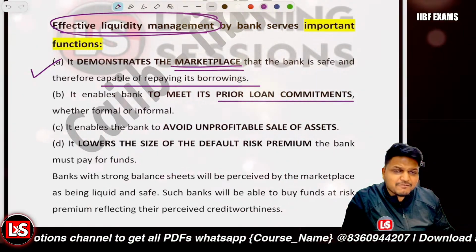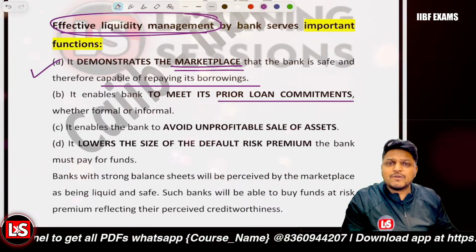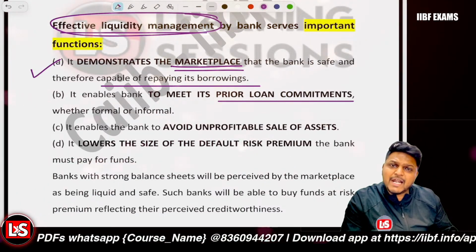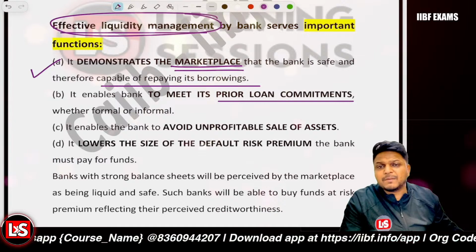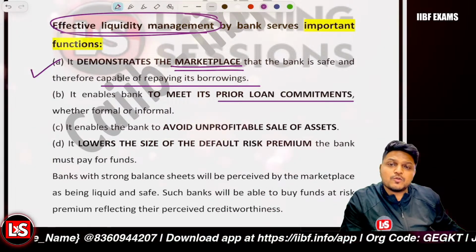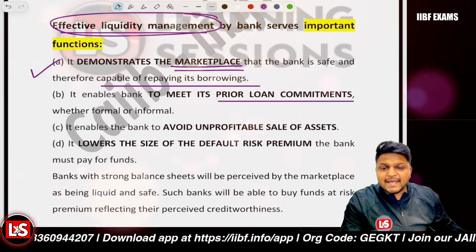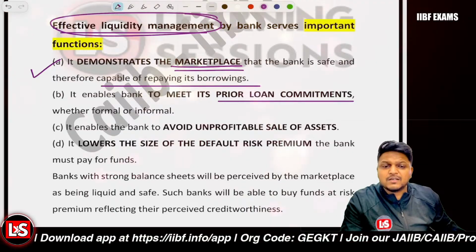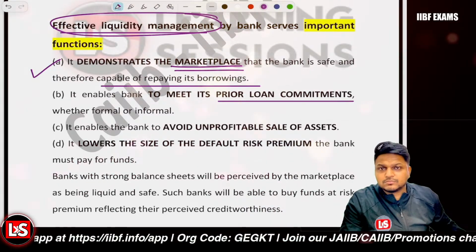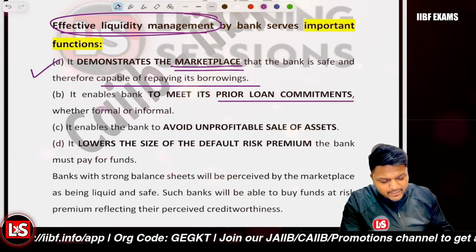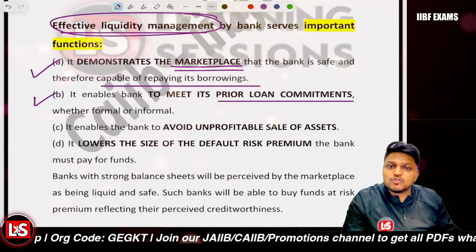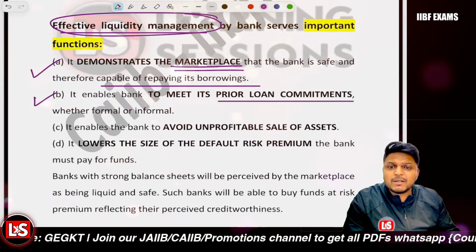It may be the case that you have sanctioned CC limits of 1000 crores. The availed amount is 400 crores. Now people can avail another 600 crores from you at any time. So that's the loan commitment we have to take care of. That's also part of effective liquidity management.